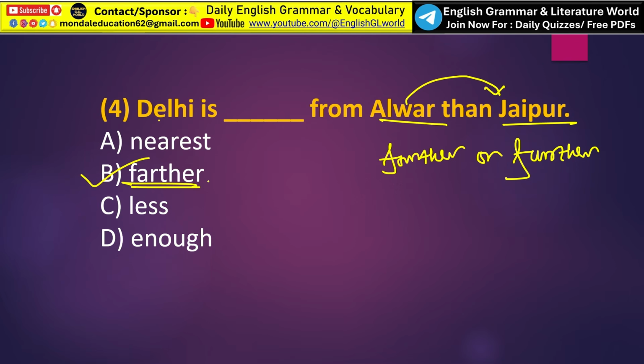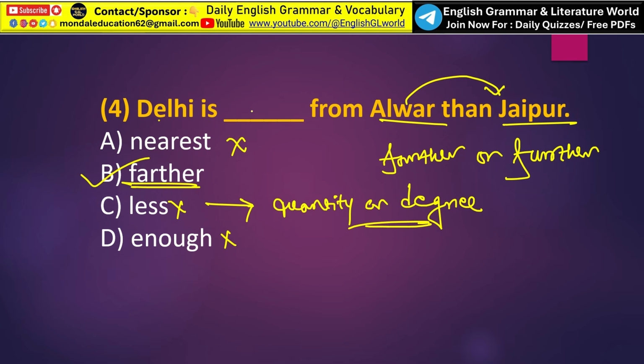Further is the best choice because it is commonly used for physical distance. Nearest, less and enough are not the correct choices. When can we use the word less? Less is used for quantity or degree. So Delhi is further from Alwar than Jaipur. Option B is the correct answer.